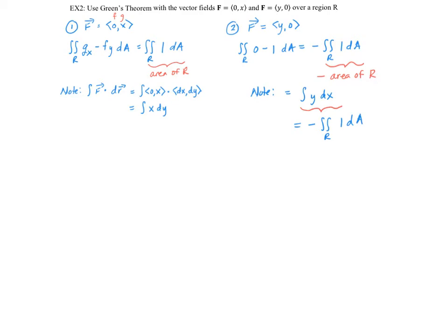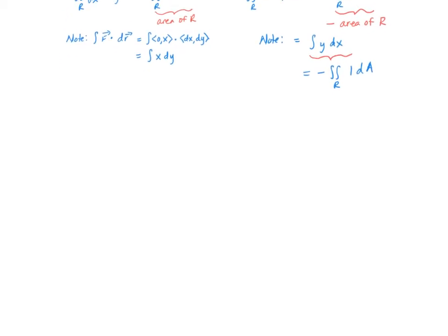Okay, so combining all of this, I have that the integral of x dy is going to be equal to negative integral of y dx. And both of these represent the area of our region R, no matter what the region is.